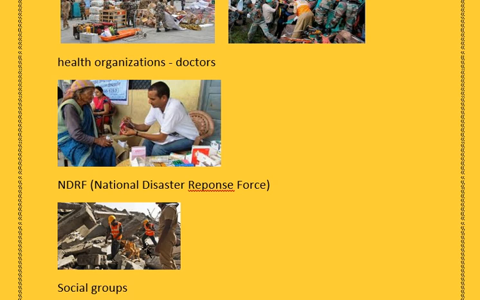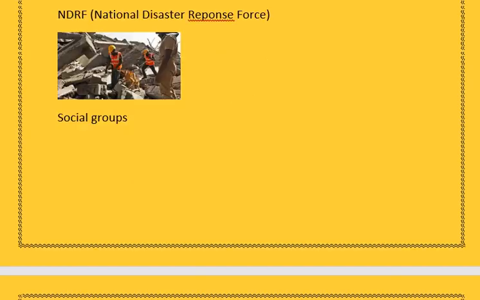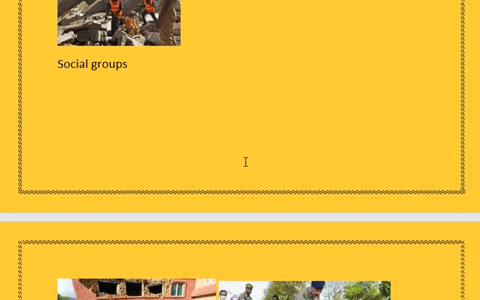One more is the NDRF, the National Disaster Response Force of our India, which is specially organized to handle the situations of natural disasters before and after any natural calamity.